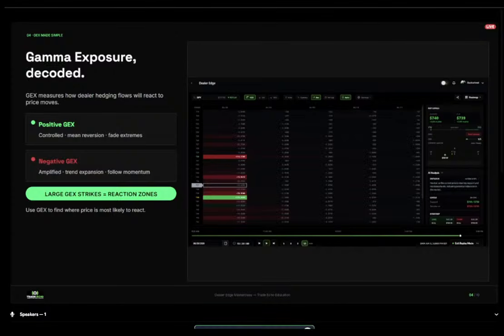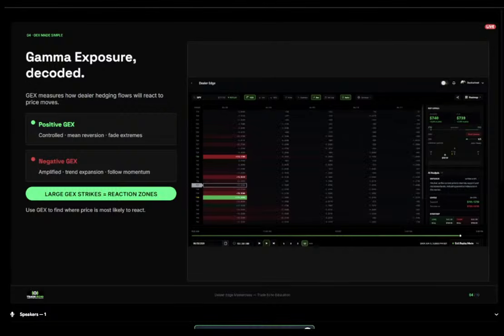When GEX is positive, the market is usually more controlled. Moves are more likely to mean revert. Extremes are more likely to get faded. And then when GEX is negative, the market can move faster, price can expand, and breakouts and breakdowns can continue further than expected. So that's why negative GEX matters.